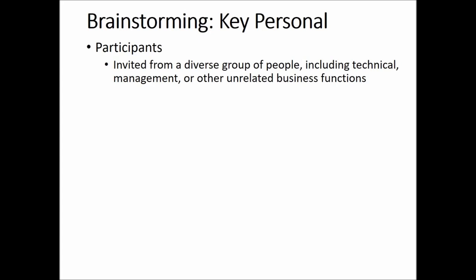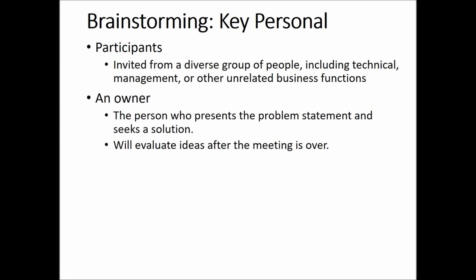So in a brainstorming session, usually we have participants. Of course, you can invite experts from different categories, different areas of specialization when it comes to talking about a specific topic. And then a brainstorming session should have an owner.